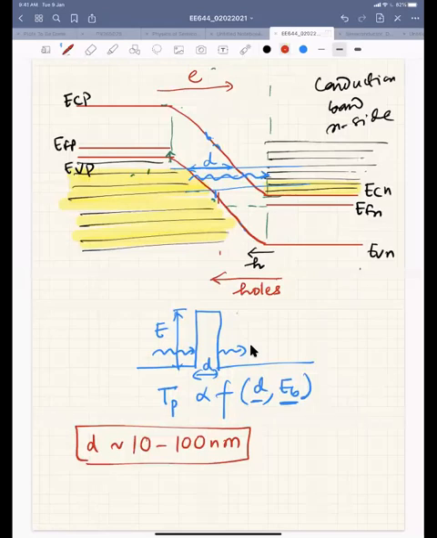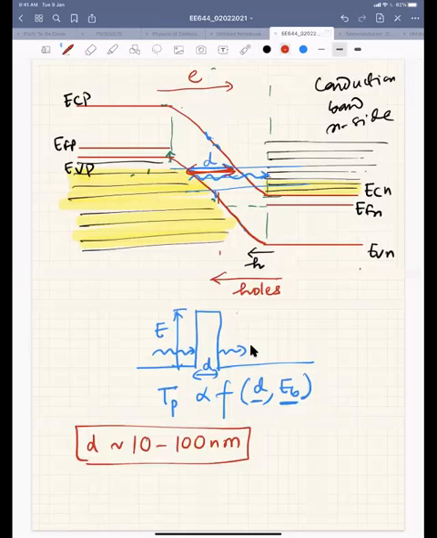But in this reverse bias case, electrons are going from p to n and holes from n to p. They are not going by avalanche multiplication as in the earlier discussed case, but through the quantum mechanical tunneling process, and that is only possible when the depletion region is in the order of 10 to 100 nanometer.